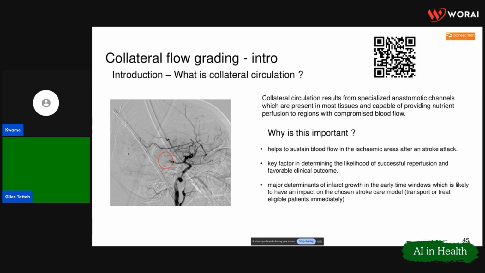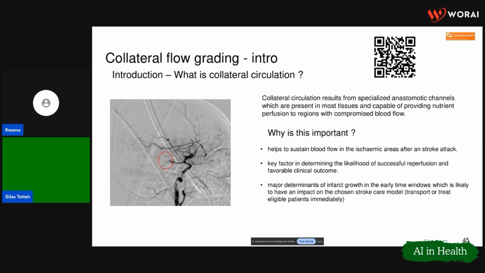Now, this supply of oxygen or nutrients to this region is what we call collateral flow. So basically, what it means is that the main flow of blood is not getting to that region, but we can get other collateral circulation from those regions around it to support that.